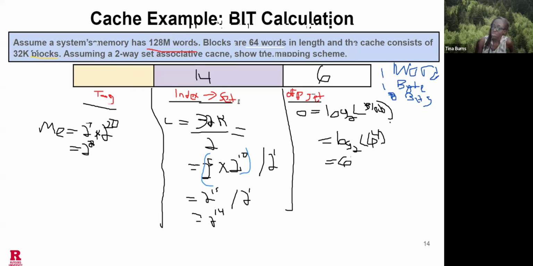So what that basically means is now I have my total. I'm going to go ahead and use that to get my tag. My tag, we'll call that T, is just going to be equal to memory minus offset minus my index, all right?